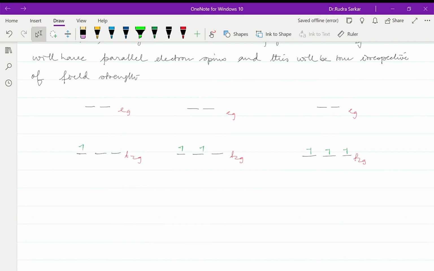So over here, if you calculate the CFSE value, suppose this level is having n electrons and this is having m electrons, and you know each level over here is minus 0.4 delta O, obviously, and this is plus 0.6 delta O, that into m.